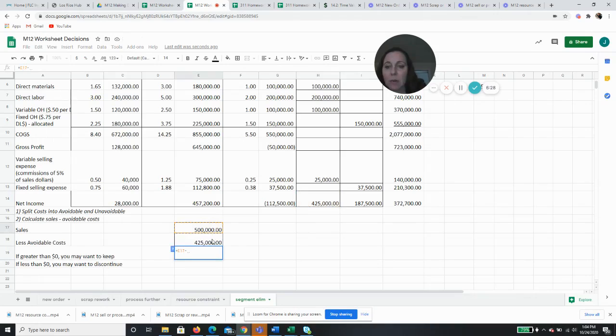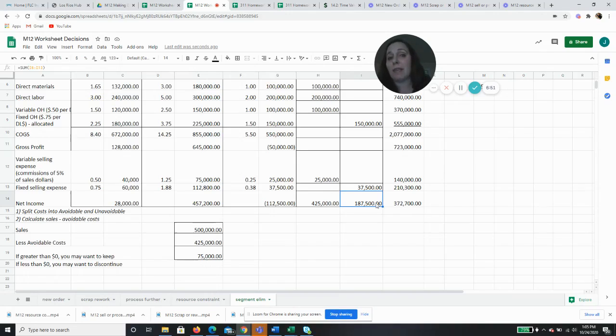And my sales minus my avoidable costs is $75,000. So if I keep product C, then my sales minus my avoidable cost gives me $75,000 to apply towards those unavoidable costs of $187,500.